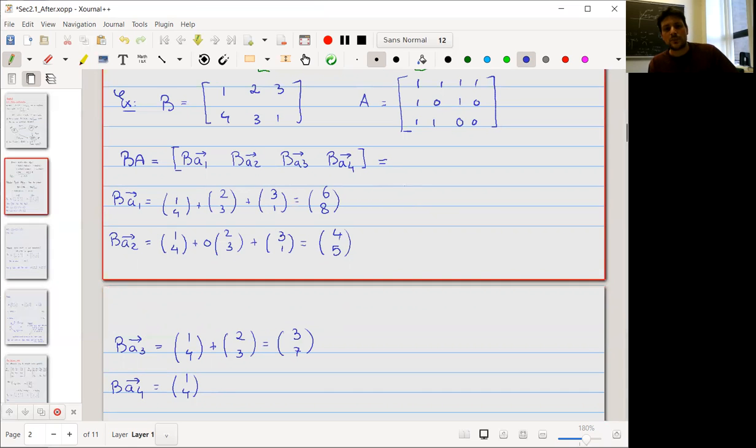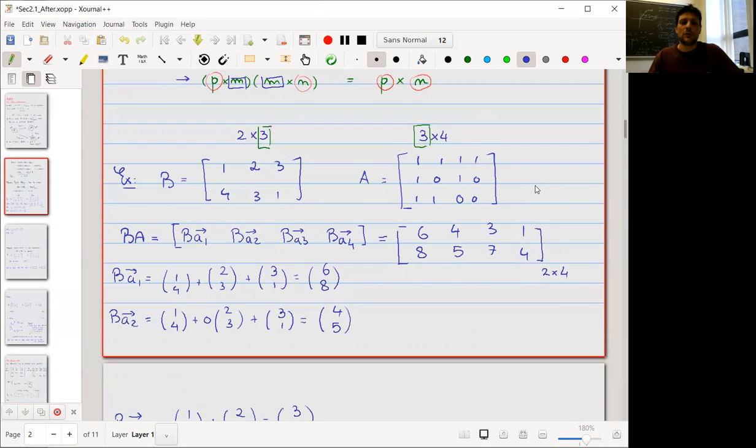So let's trace back what we did and write down our matrix B times A. This matrix will have as first column 6, 8, then 4, 5, 3, 7, 1, 4. And in fact, you see that the size of this matrix is, as expected, a 2 by 4. Here's the 2, and here's the 4.